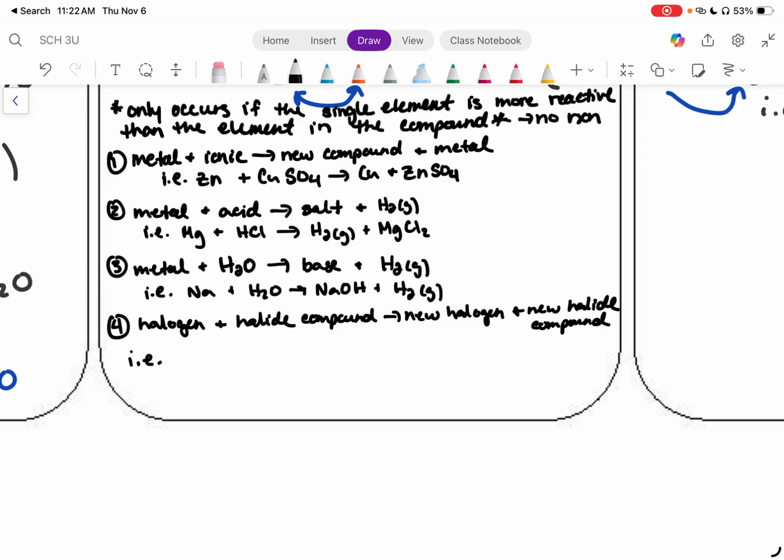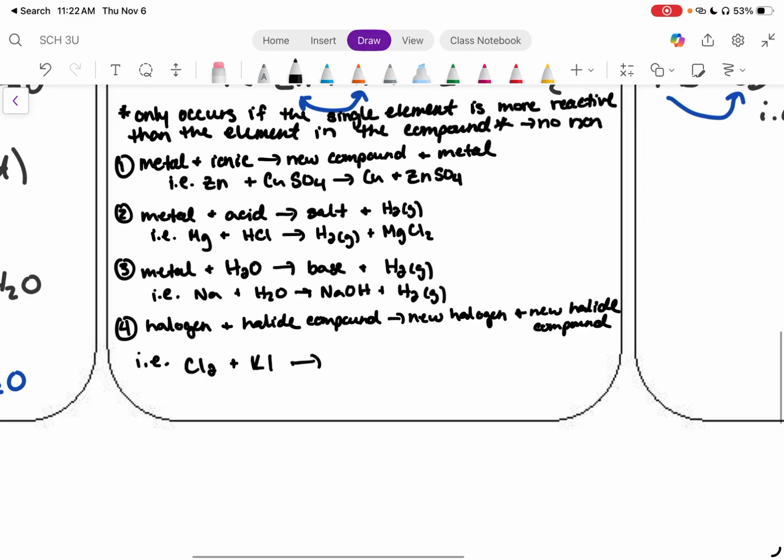For example, I know that chlorine is stronger than iodine, so it's going to boot out the iodine, so I am going to have iodine by itself, and now I'm going to have KCl, potassium chloride. This is a gas too.